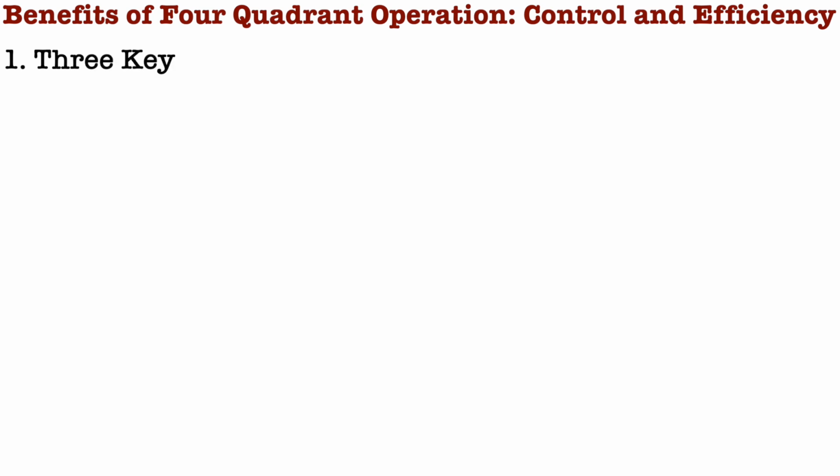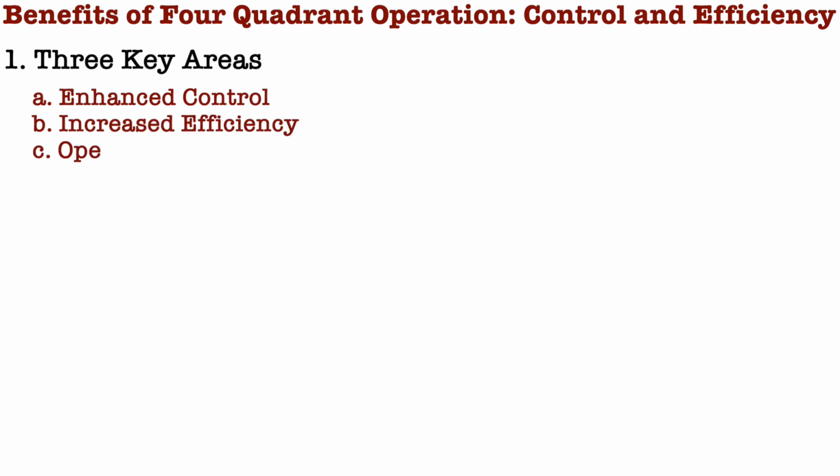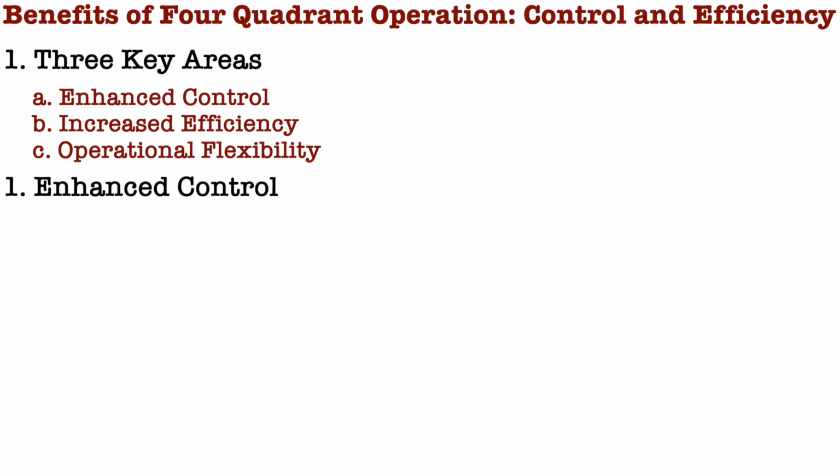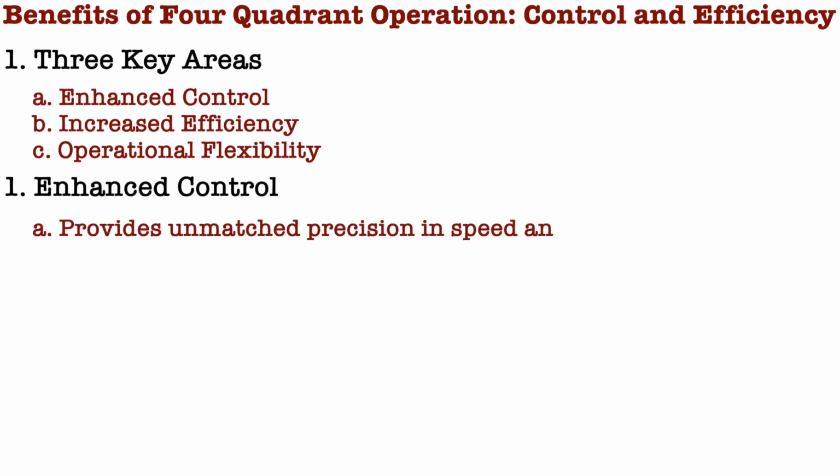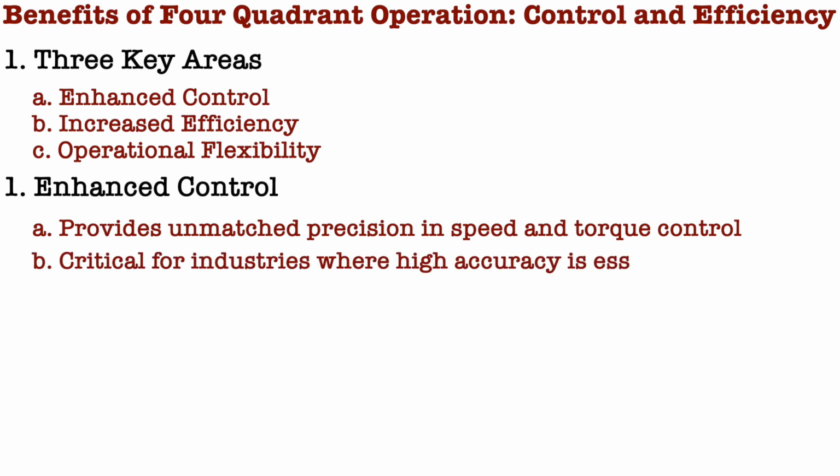We will be focusing on 3 main areas, that is enhanced control, increased efficiency and operational flexibility. First, let's talk about control. The 4 quadrant operation offers unmatched precision in both speed and torque control. This level of control is absolutely critical in industries where high accuracy is essential.